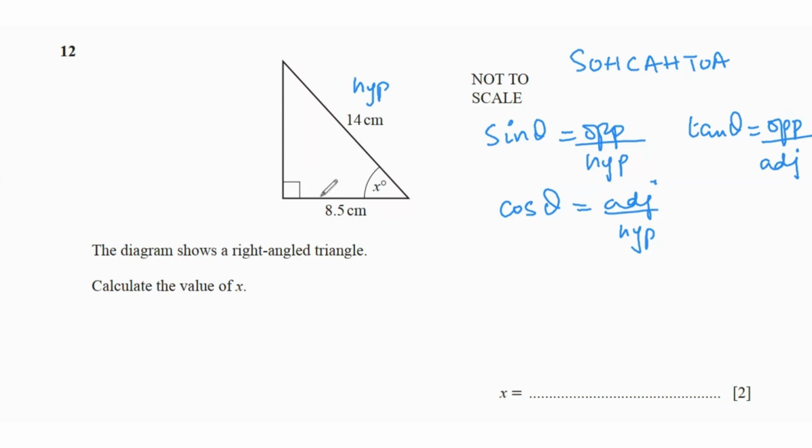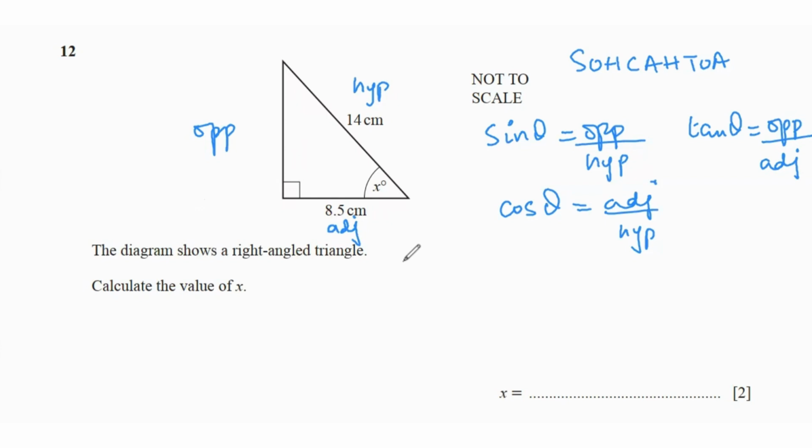So we're trying to find angle X and it lies on this length, which means 8.5 is our adjacent. And the length that is opposite to the angle that you're trying to find or using is your opposite, which is this length. So opposite, adjacent, and hypotenuse are determined like this.